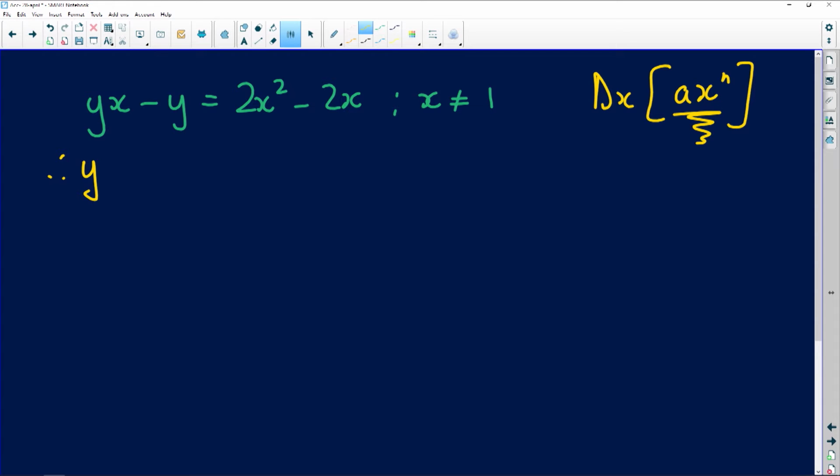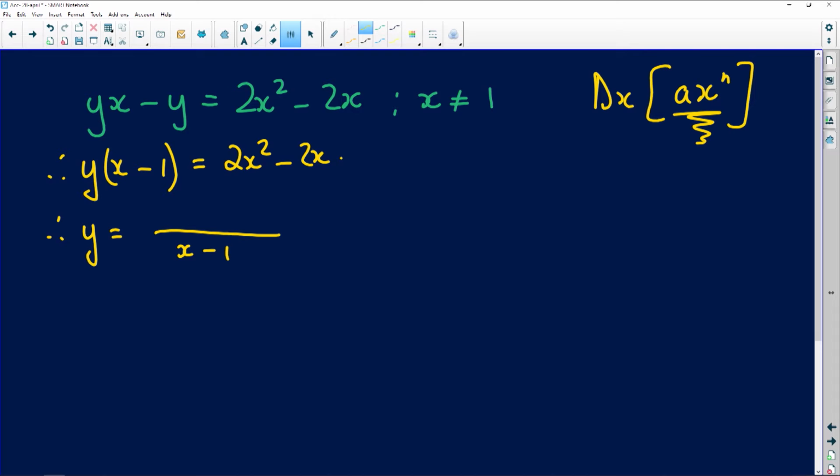If we remove it as a common factor, we have x minus 1. On the other side, we've got 2x squared minus 2x waiting in the wings for us. So if I now get y by itself, I can see I'm going to form a denominator of x minus 1. Now, problematic. It's not in that form.